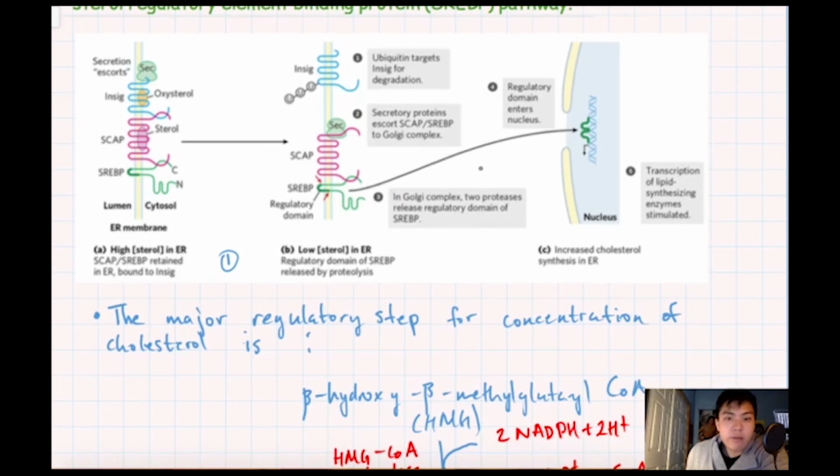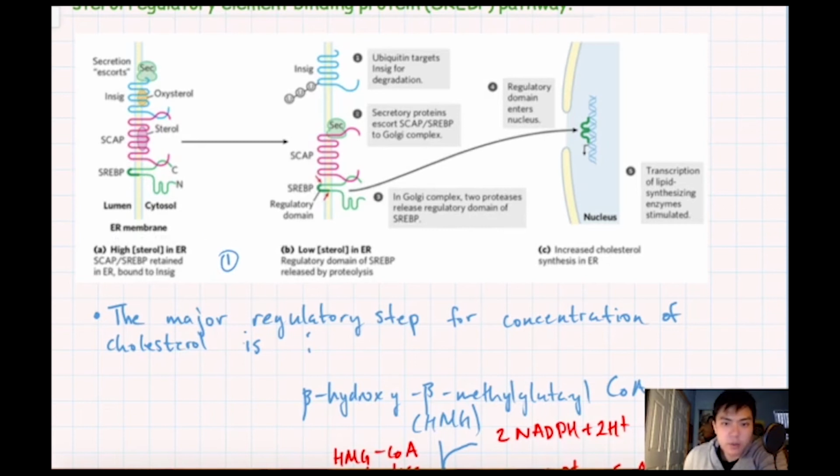So here's the picture from our textbook. It illustrates it very well. Essentially, we're going to have 3 proteins that are bound together, our INSIG, our SCAP, and our SREBP. When they're bound together like this, forming the protein complex, they're going to be stuck to our endoplasmic reticulum.